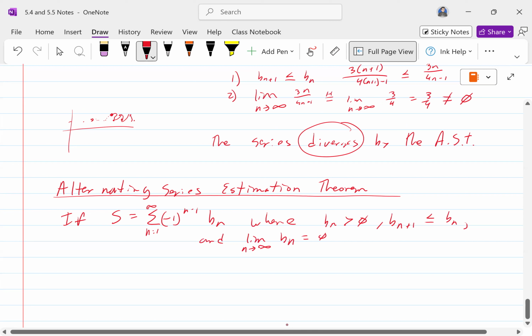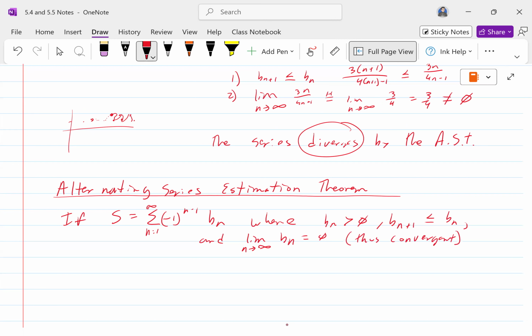So we know it's a convergent series, and it's going to converge to some value S.